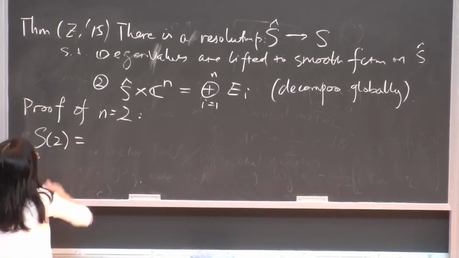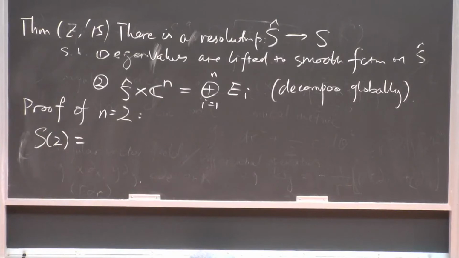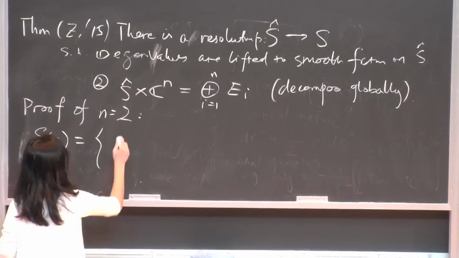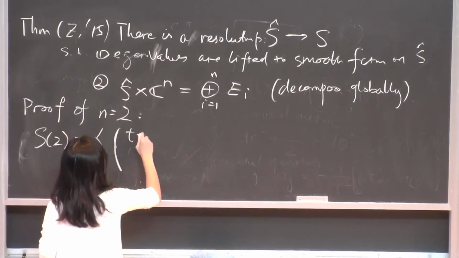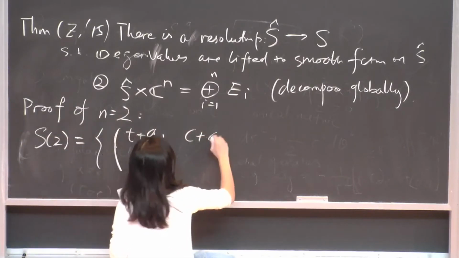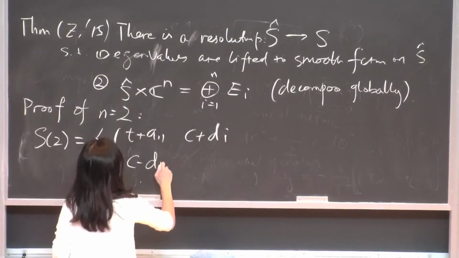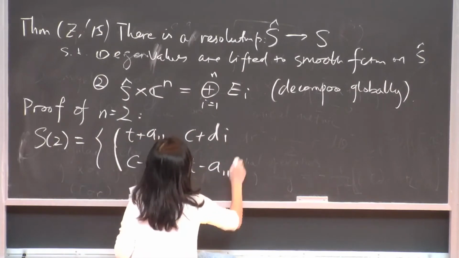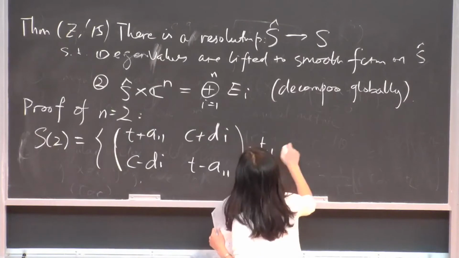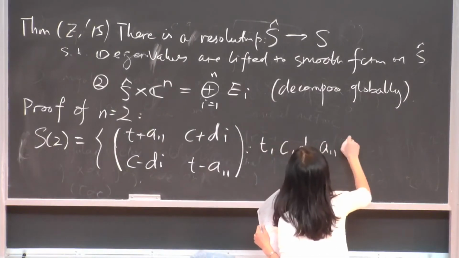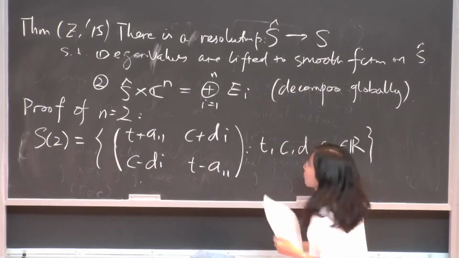First of all, the space of 2 by 2 self-adjoint matrices can be written as T plus A11, C plus Di, C minus Di, T minus A11, where T, C, D, A11 are all real functions.